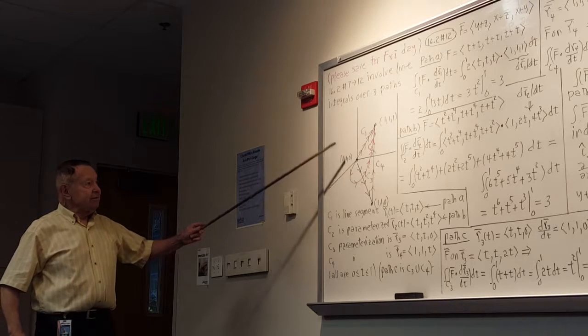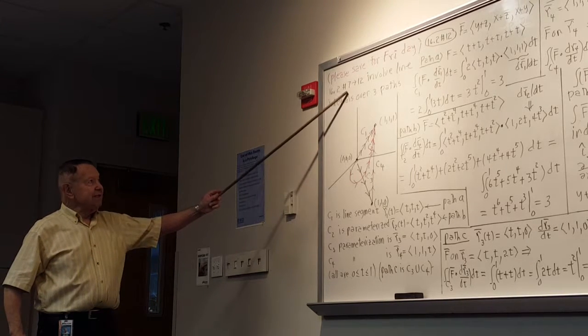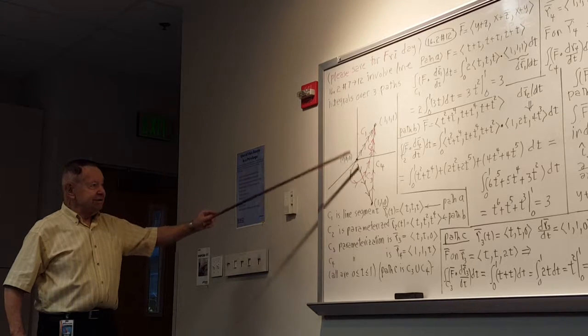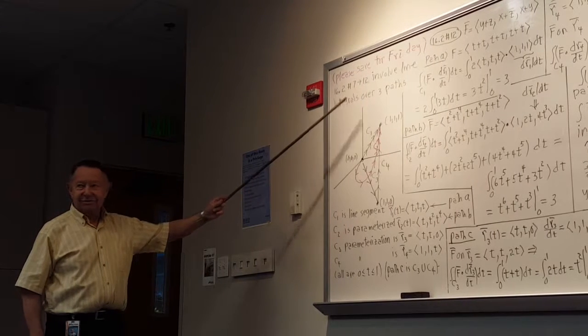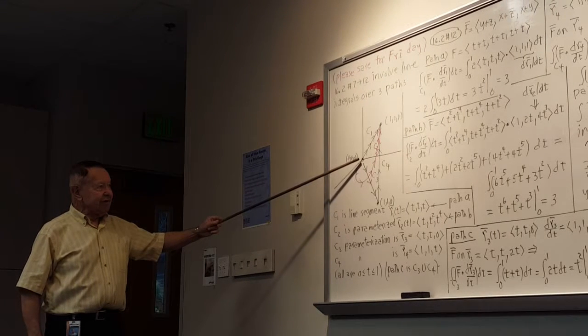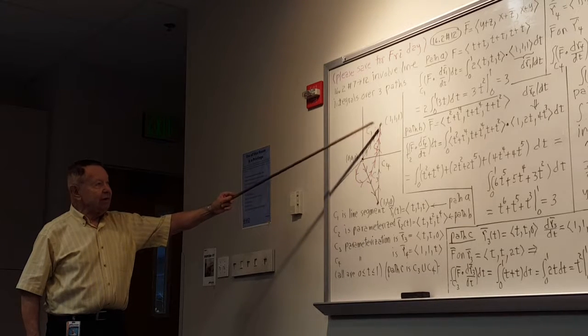So, for example, in problems 7 through 12 in 16.2, 6 of those problems are talking about these paths from 0, 0, 0 to 1, 1, 1.